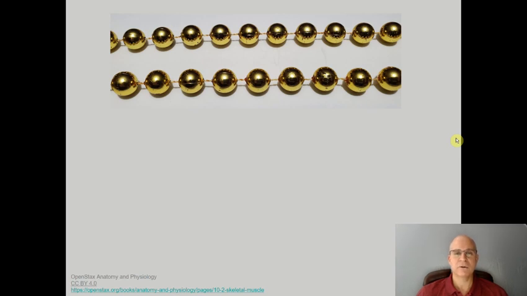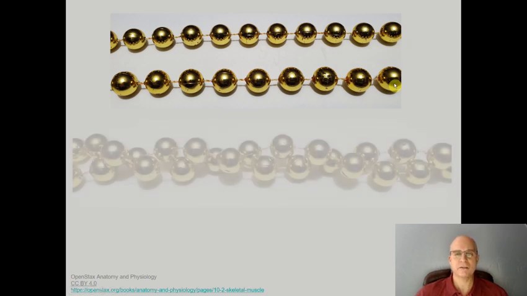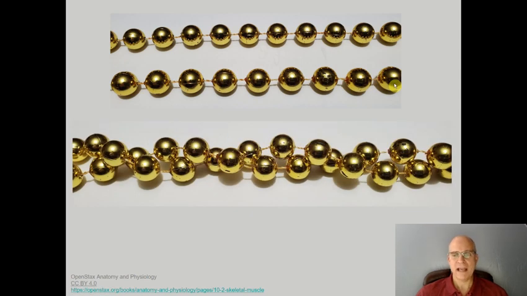So let's see what we have here. We've got two individual strands of Mardi Gras beads. Each bead is a G-actin, or a globular actin. If we take this strand here and this strand here and twist them together, we end up with this double strand, which is our F-actin or fibrous actin.